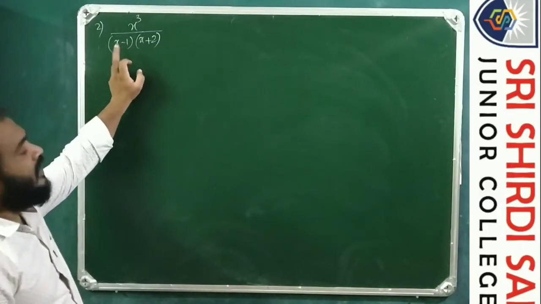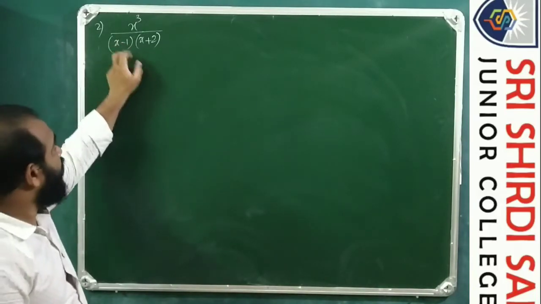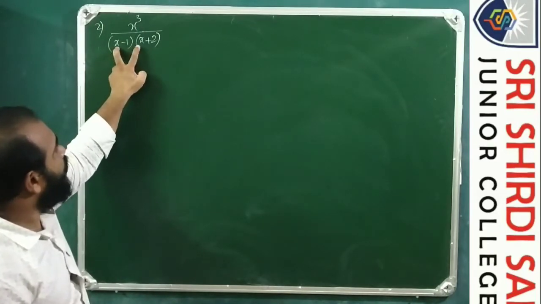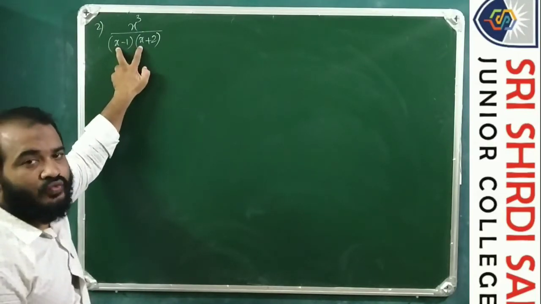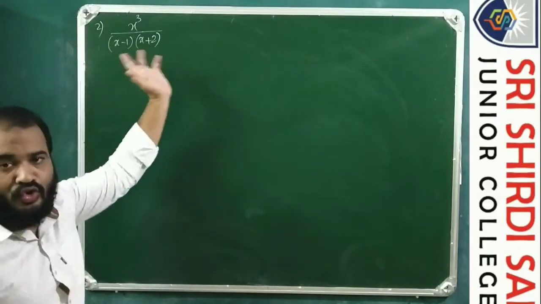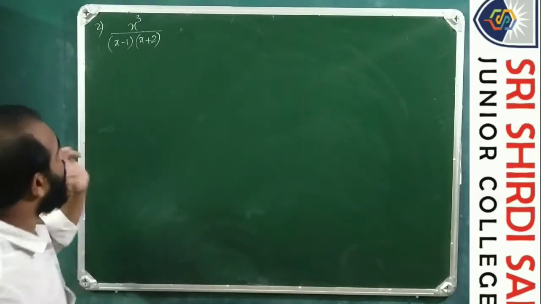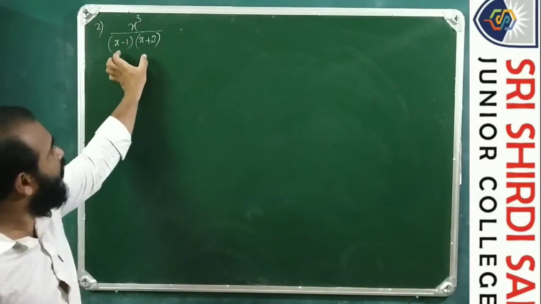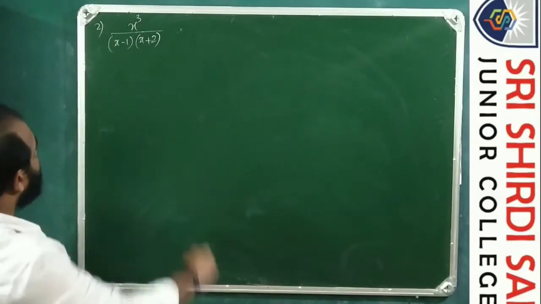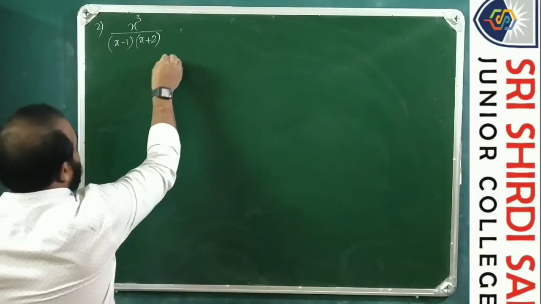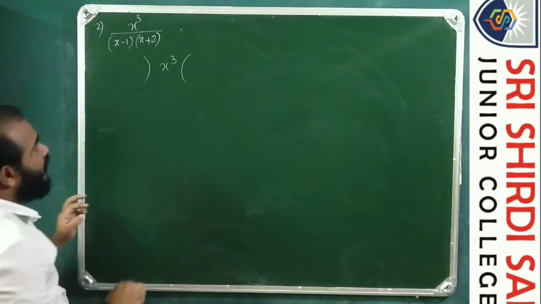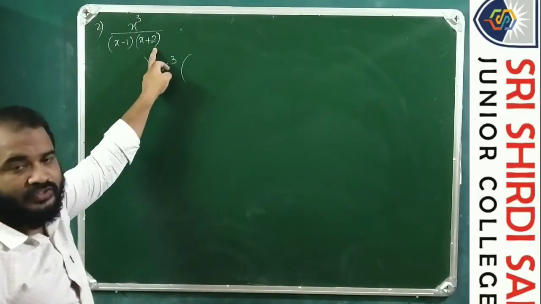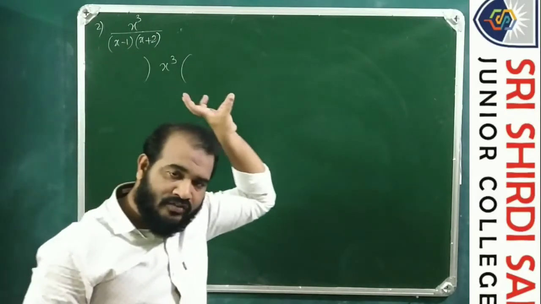Now this is again an improper fraction. The degree of the numerator is 3 and the degree of the denominator is x into x, x square, 2. So 3 is greater than 2. So here we need to divide this x cube with the help of this. Otherwise, if it is x square by x minus 1 into x plus 2, we need to divide in that situation also.